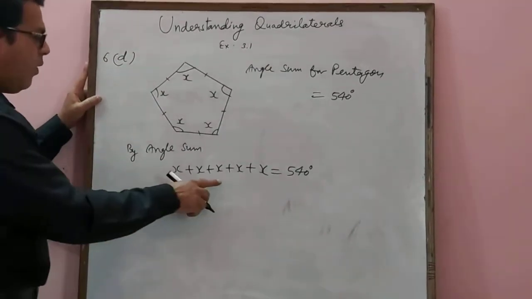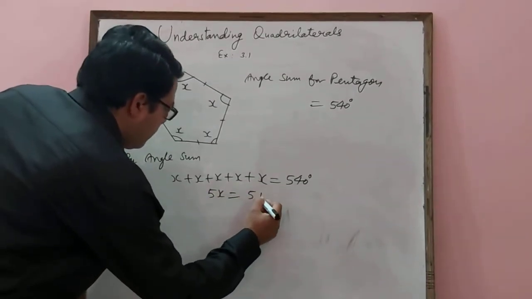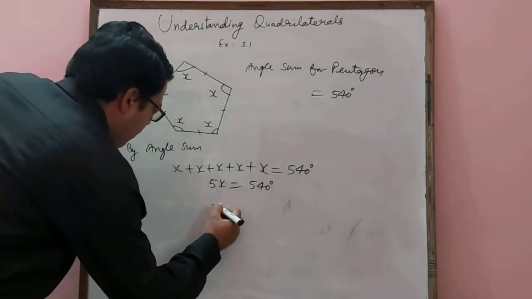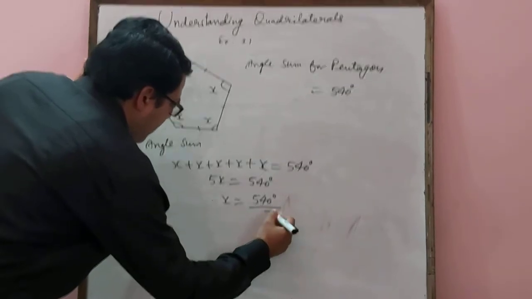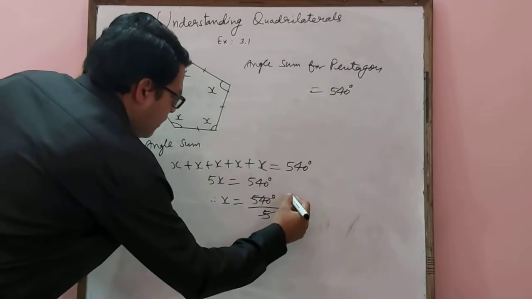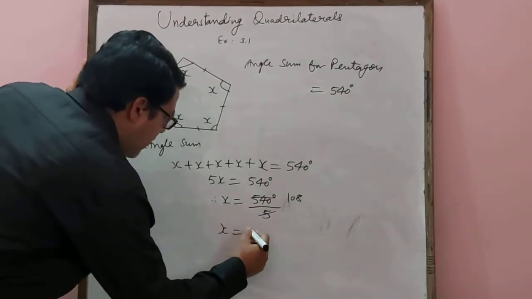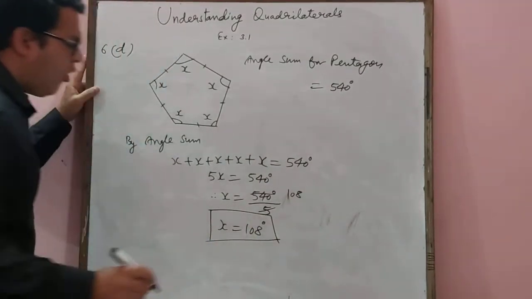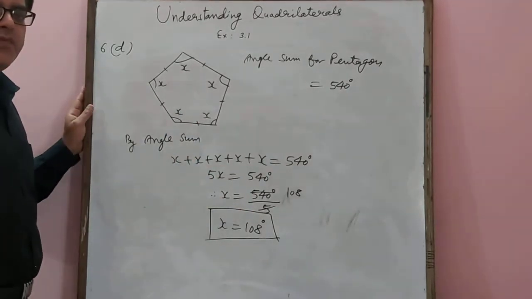Now, after adding, we have 5x. Therefore, x equals 540 by 5. By 5, 1, 0, then 8. It is divisible 108 times. So, the value of x is 108 degrees. Hope you understand?